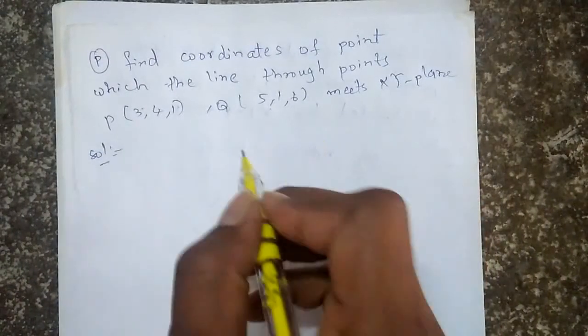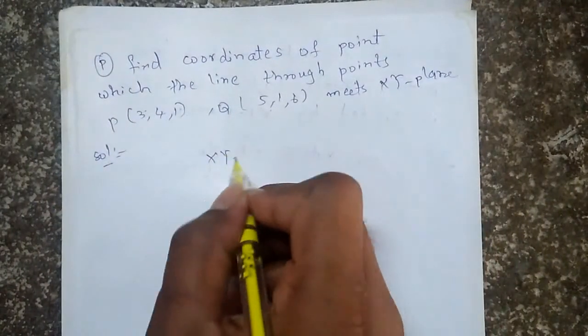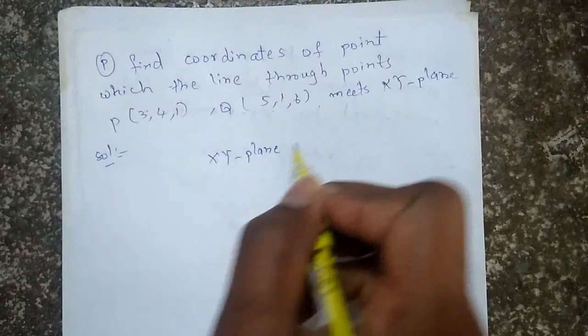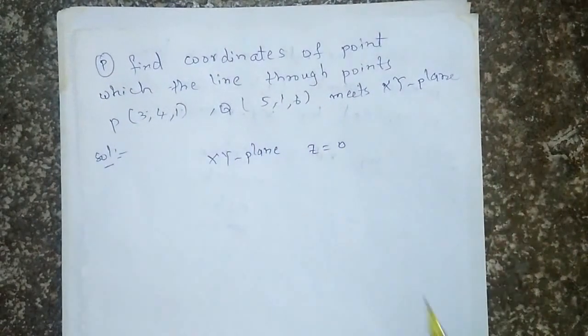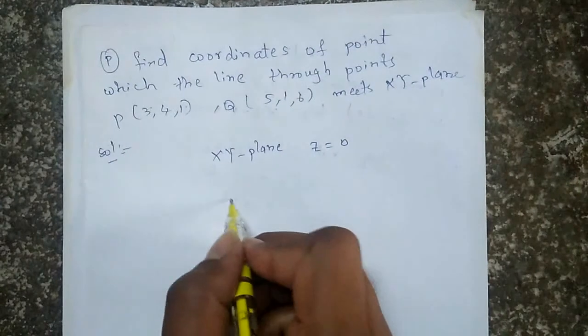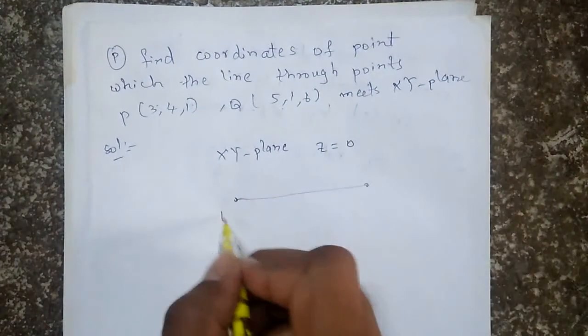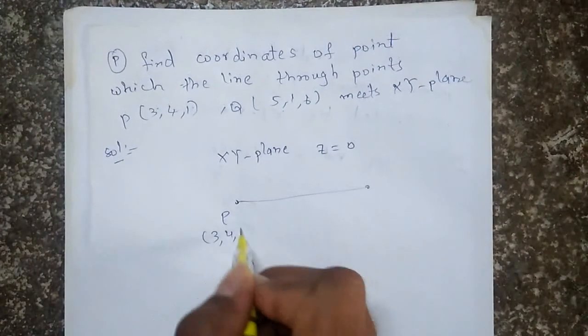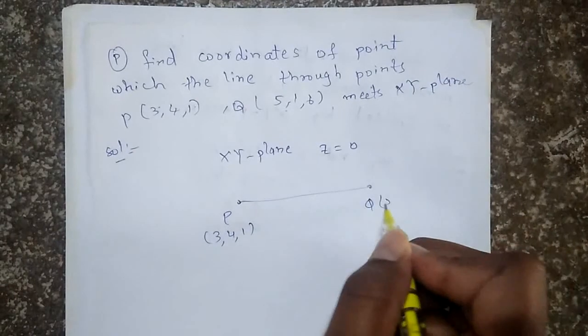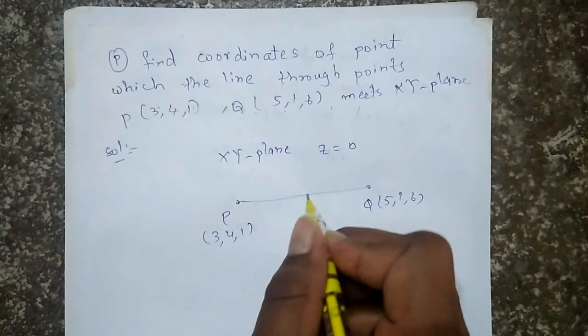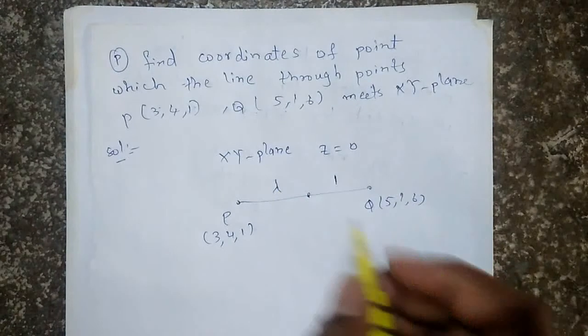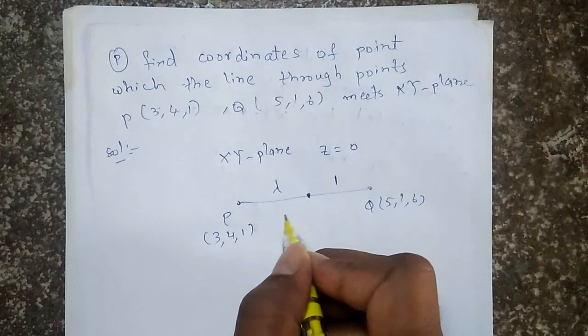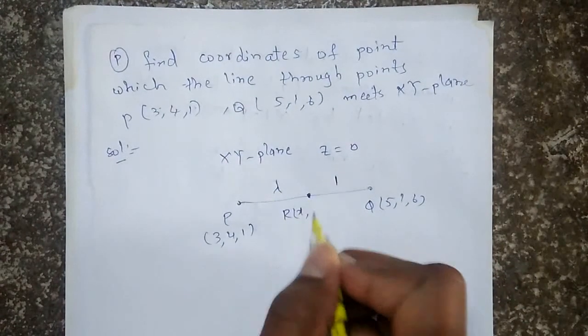So here xy plane means in xy plane z is equal to 0 we take. So let us assume that this is P 3 4 1, this is Q 5 1 6. The ratio is lambda is to 1. Let us take, and the point let us assume R x y z.